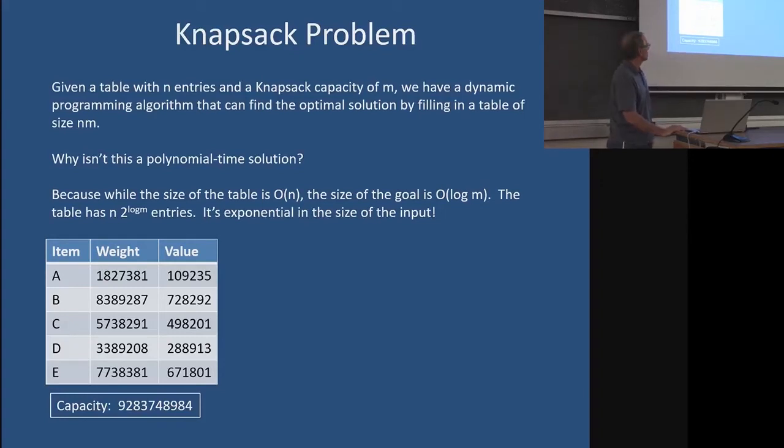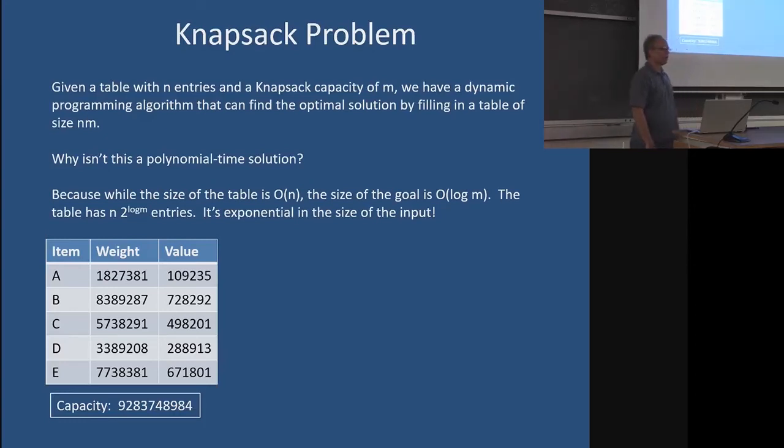It's a pretty small problem in terms of the number of bits it would take to describe it. We'll assume there are n elements here, so the size of the problem is O of n. There are a few bits more, but they're not going to be bigger than n.